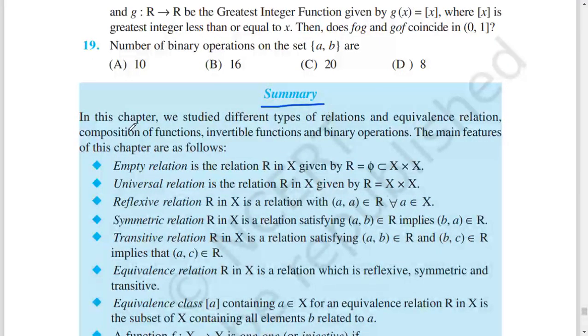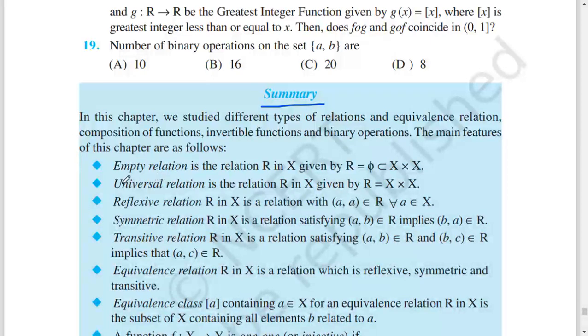Summary. In this chapter, we studied different types of relations and equivalence relations, composition of functions, invertible functions, and binary operations. The main features of this chapter are as follows.